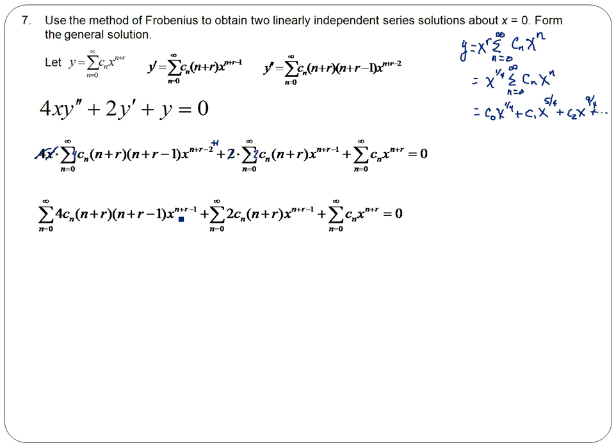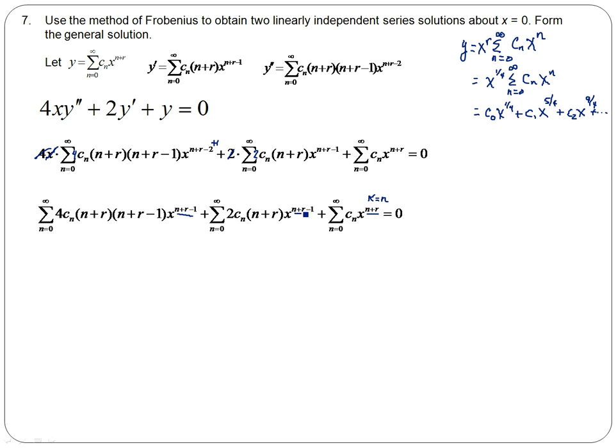And then you want to make a substitution so that these powers of x are all the same. Now notice they all involve n and r. You want to let k equal, in this last term, k is equal to n.